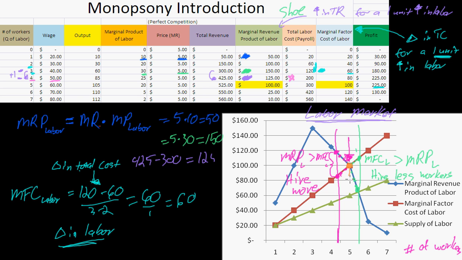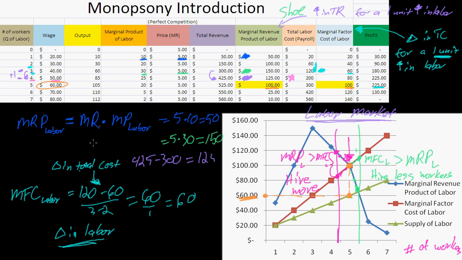You go down to the supply line and then over to the wage or the price, and you find that you're going to pay them $60. Now in this table over here, you could see that we're going to pay them $60 by finding this point right here, where marginal factor cost is equal to marginal revenue product, and then going over to wage. And you'll see that that's $60 also.